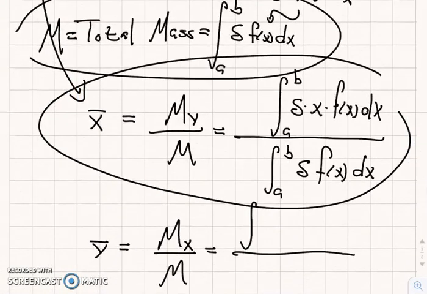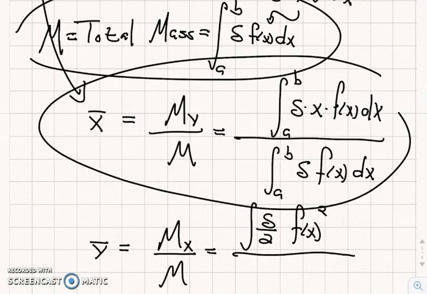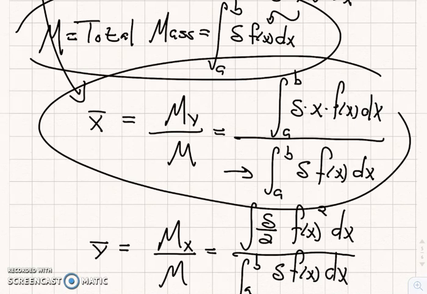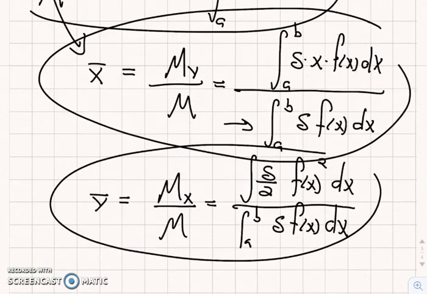So for this x moment we integrate delta over 2 f of x squared dx over total mass, which is the same expression as this one right here. And we have expressions for both the x and y coordinates of the center of mass.